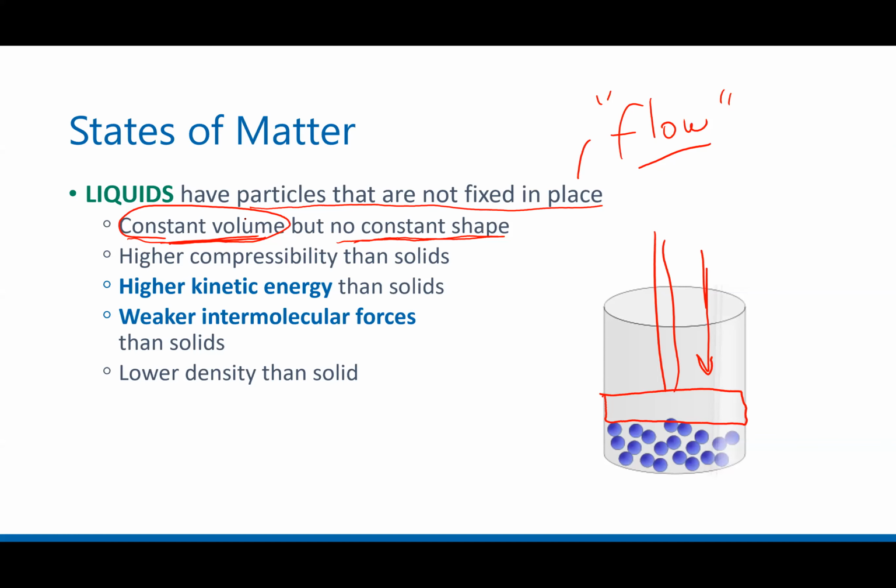I think the US cups are different. 236 milliliters are in an American or US cup, which is, again, if you've never baked in your life, you might not know what I'm talking about. But if you have baked or you've cooked, often the recipe will say add a quarter cup or add 1 cup of chicken stock. That's a measurement. And that liquid doesn't change. A cup is a cup.